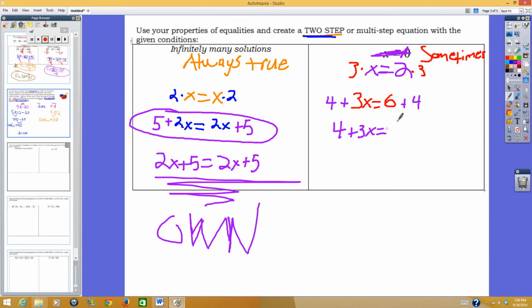But I can combine the 6 and 4. I'm going to simplify that. So 6 plus 4 equals 10. And that right there is a two-step equation that if you were to solve this would give you what you started off with, which is x equals 2. Okay? Hopefully that makes some sense.